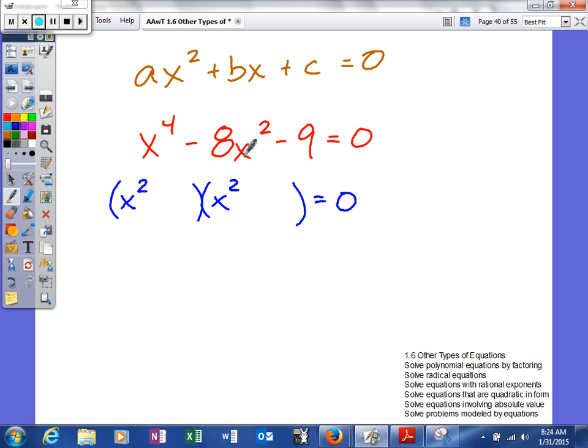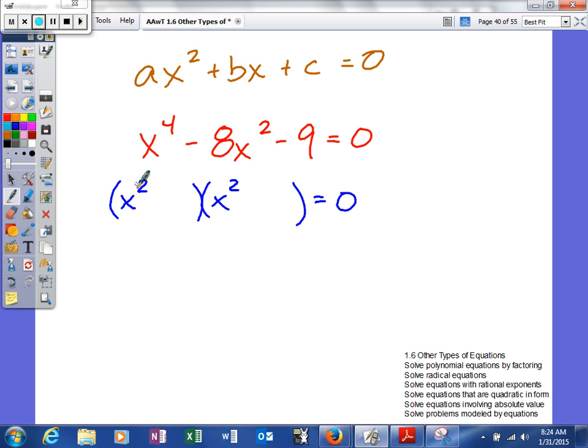I couldn't add them together to get that. So both of my first terms in my binomial should multiply to give me this, but also add to give me this. So here's a little hint. Whenever you're factoring something that's quadratic in form, whatever the middle term is, that's what each of the factors of your binomial should start with.